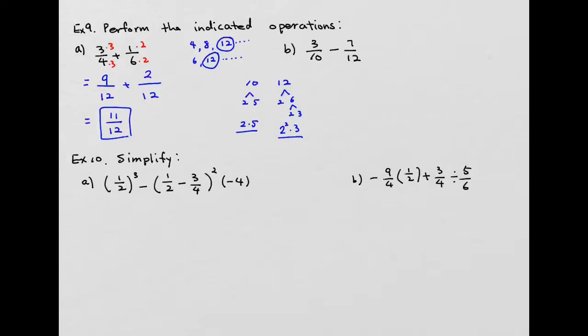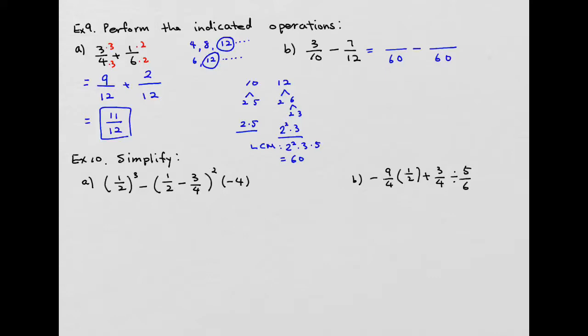So then the least common multiple is going to be 2 squared times 3 times 5, which is going to be 4 times 5 is 20 times 3 is 60. So these fractions, both of them should have a denominator of 60.